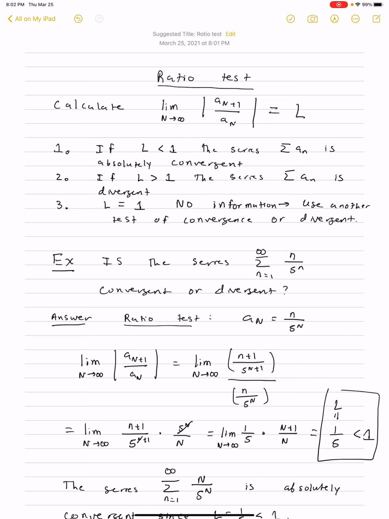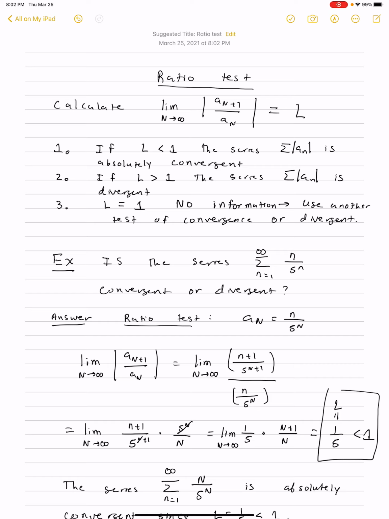And, just to put some redundancy in here, when I'm talking about convergence or divergence, it's of the absolute value. Okay. If L is equal to 1, there's no information. You gotta do something else. You have a whole litany of tests that you can try. Throw the book at it.